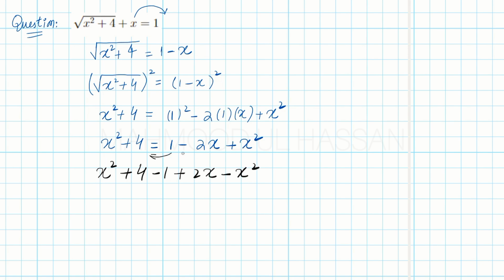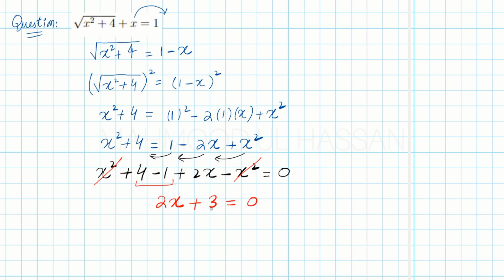We shifted all these terms to the left side of the equation, so on the right side there is a 0. Okay, so now you can see x squared cancels out with the negative x squared, so we are left only with 2x, and then 4 minus 1 is equal to 3 and then equal to 0.